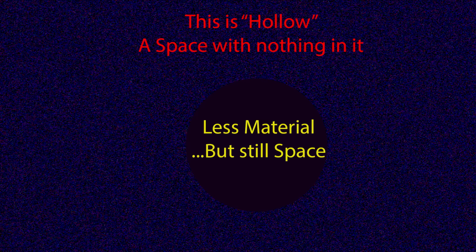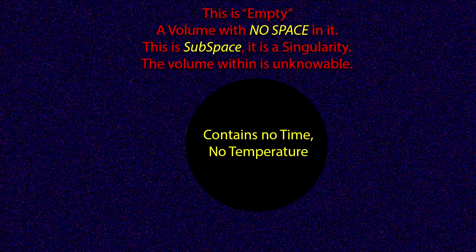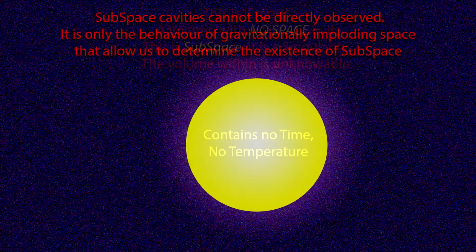Hollow is defined as a space with nothing in it, except, of course, space. Empty is a more descriptive word for subspace, in that it can describe a volume with no space in it. A volume of subspace contains no time, no temperature, no radiation, no matter, no virtual particles.